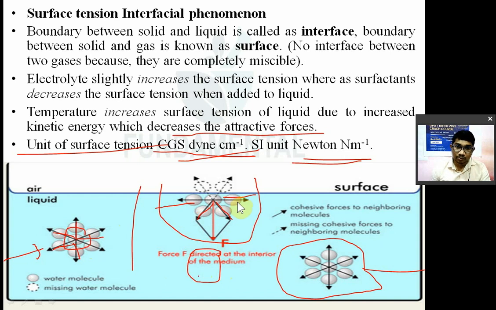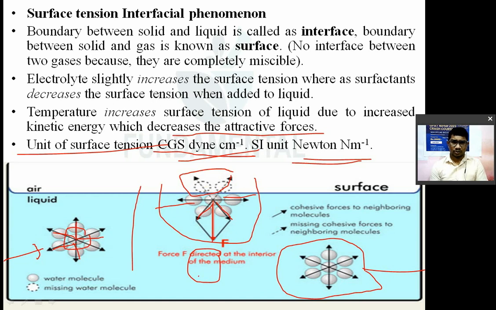That inward pull, because यहाँ इसके ऊपर क्या है? There is no water molecule, there is air, so this molecule is not pulled from all sides equally. So the net pull on this molecule is a downward pull. ये सिर्फ downward में ही attract हो रहा है. The force directed at the interior of the medium means that there is an inward pull.